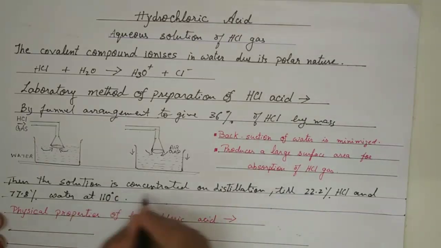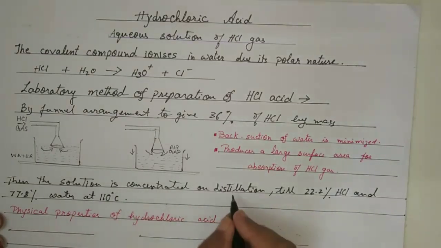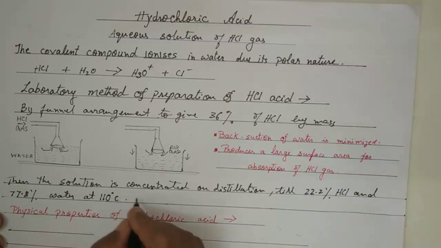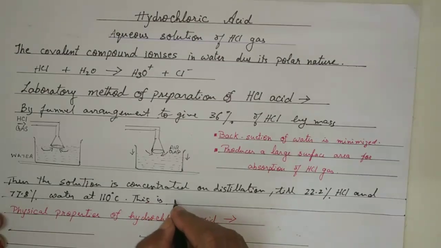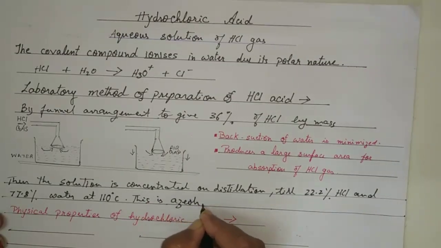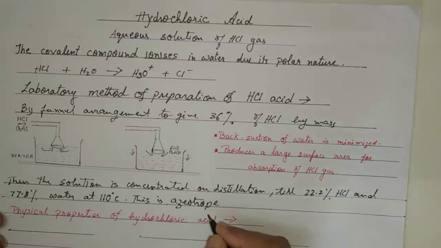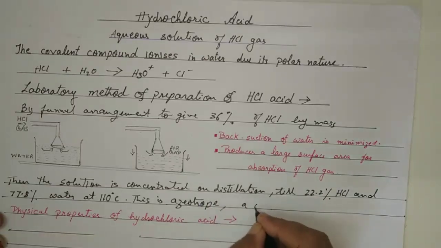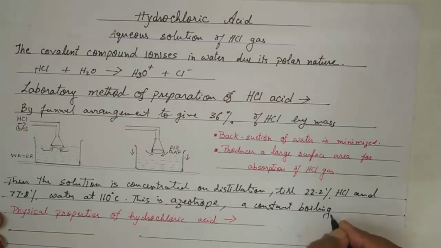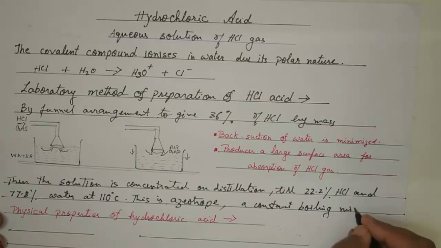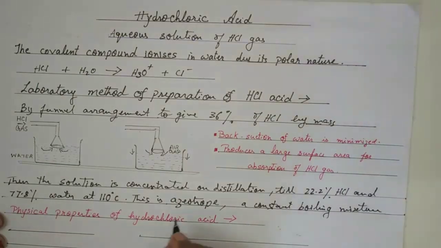And this solution which you get on distillation is known as azeotrope. That is a constant boiling mixture. That means no further increase in concentration is possible on boiling.